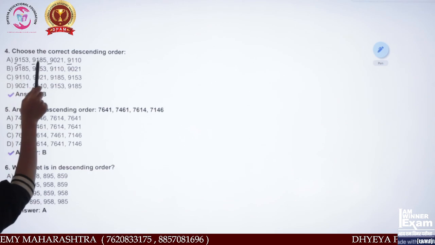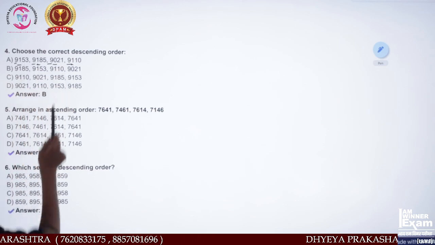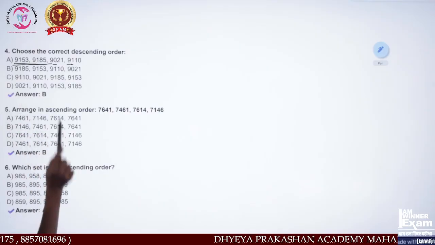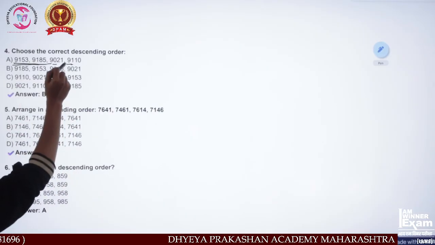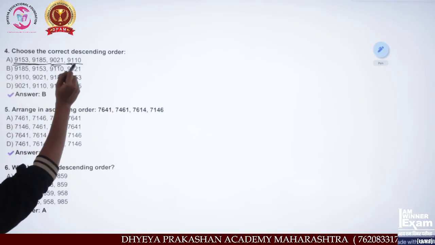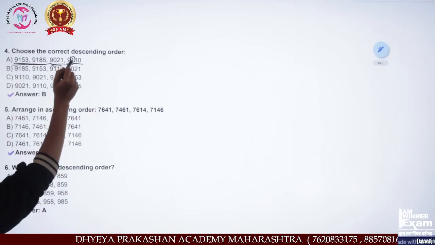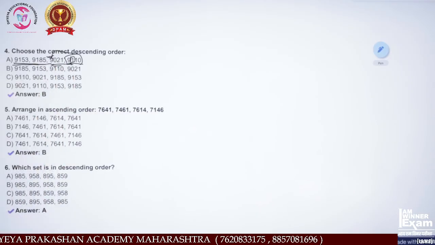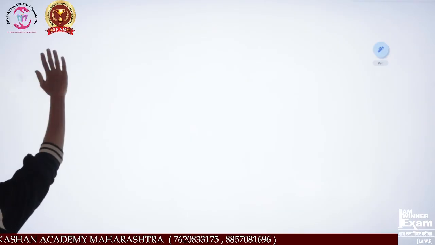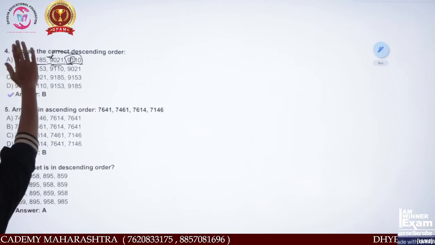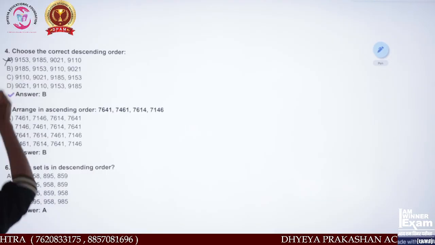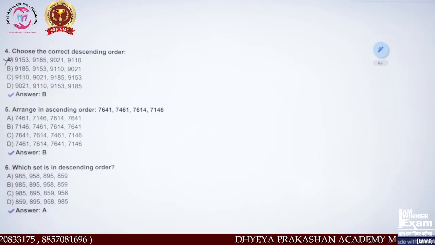Then let's move on to the second. But here the descending order is correct. But as you can see here, this number should become before this number. That means option A is incorrect.